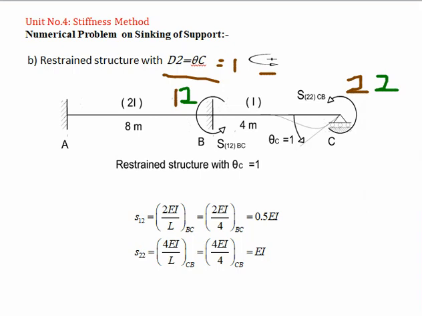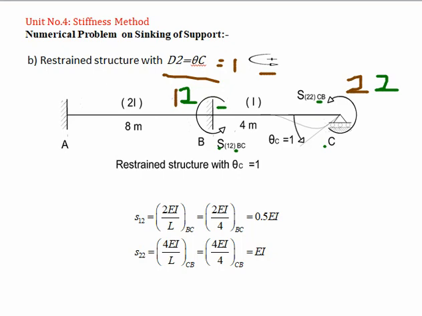Here at C, let's apply the unit force in the anti-clockwise direction. By applying the force in the anti-clockwise direction, the moment generated is S22 CB, along the span CB, and at the far end the moment generated is S12 BC. So again the span is mentioned there.